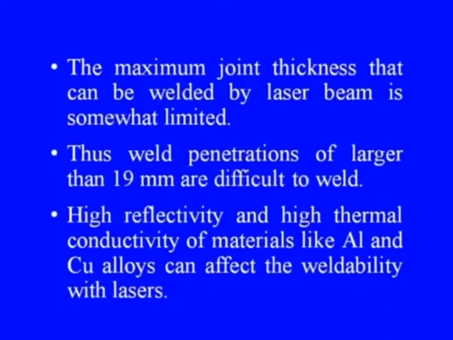High reflectivity and high thermal conductivity of materials like aluminum and copper can affect the weldability by lasers. This we have of course seen in laser beam machining as well, where it is difficult to machine materials which have very high reflectivity, particularly copper and aluminum and their alloys.